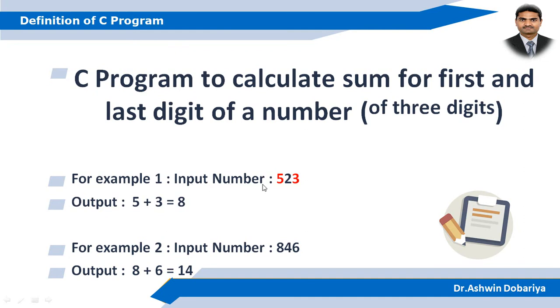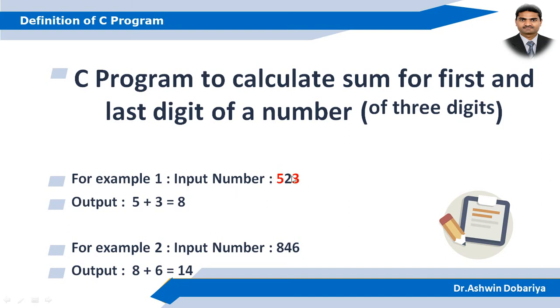Before that, let's see what the input and the output of this program should be. As we discussed in a previous video, to start thinking of the logic of any program, first you have to think of one demo input value, and according to that, what the output should be. Suppose we input 523.